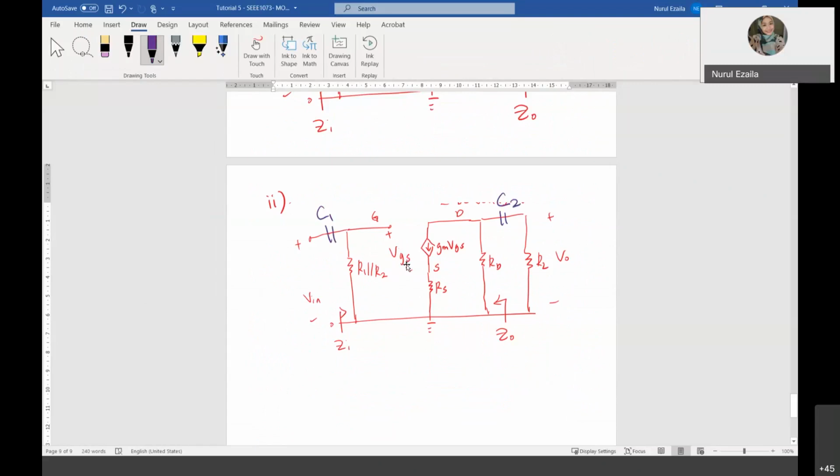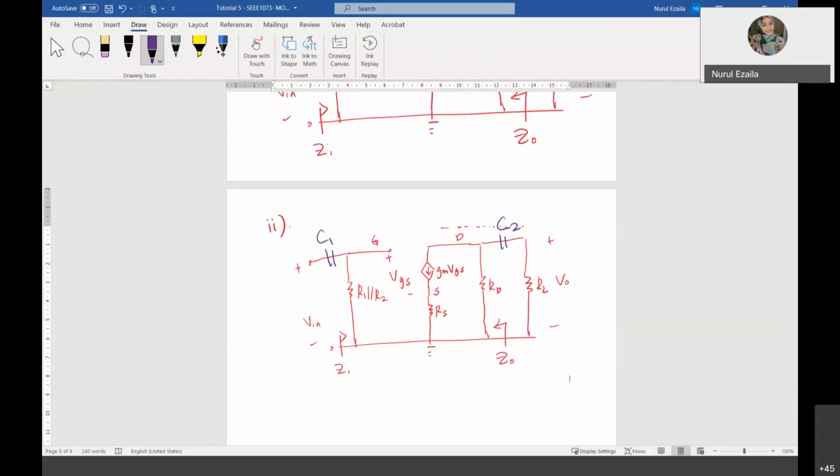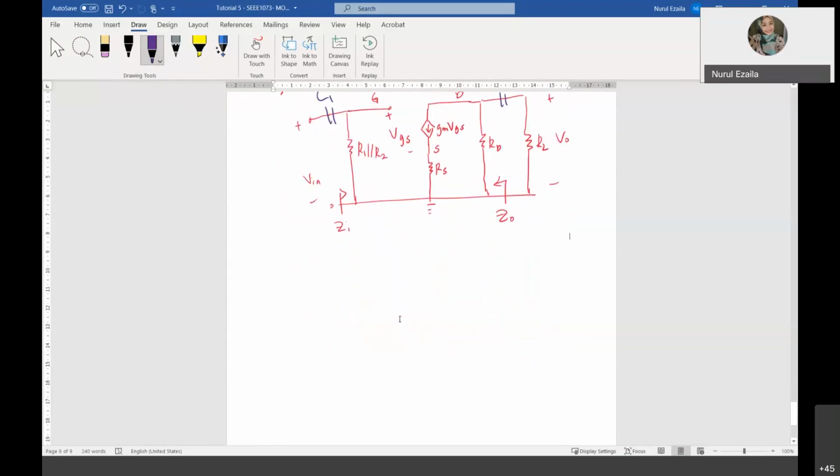Right? So now we want to find the FLC1 and also FLC2. So FL due to the C1 is 1 over 2 pi Z in and C1.